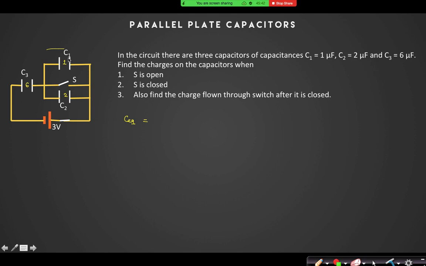The equivalent capacitance of the 2 and 1 in parallel will be 3. So that will be 6 into 3 divided by 6 plus 3. Yes or no? So that is 2 microfarad. Then what is the charge sent through that 3 volt battery? The charge sent through the battery is equal to 6 microcoulomb.